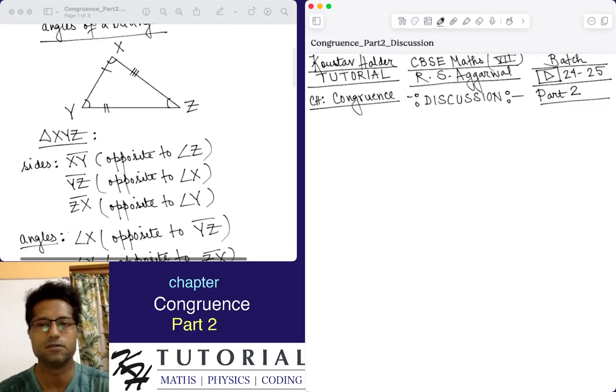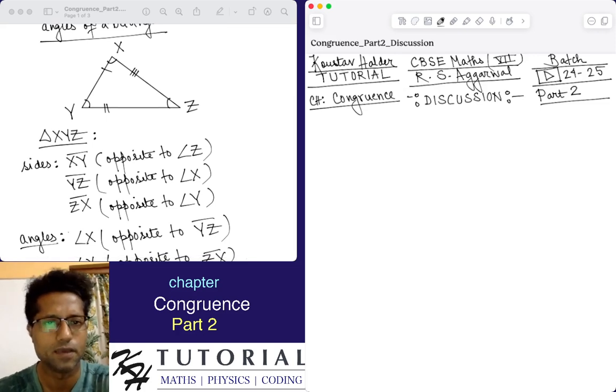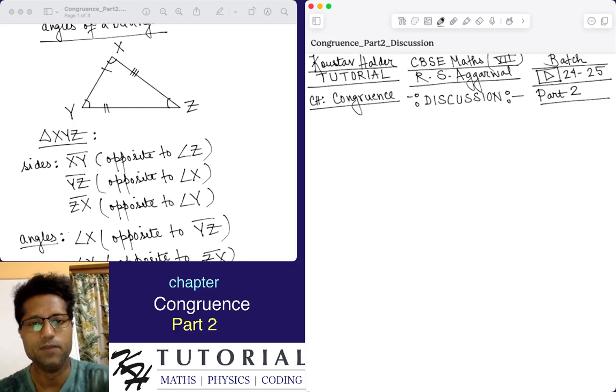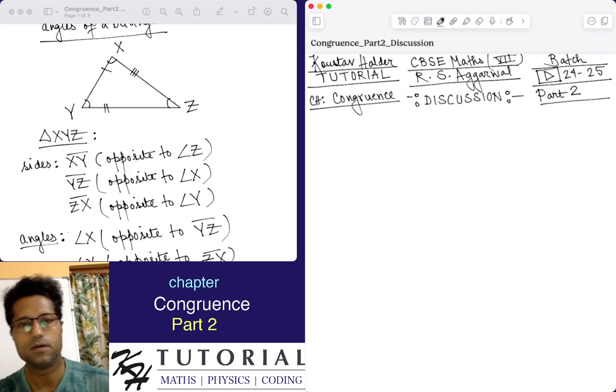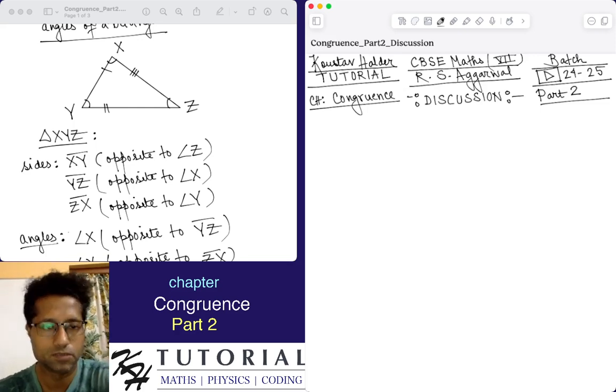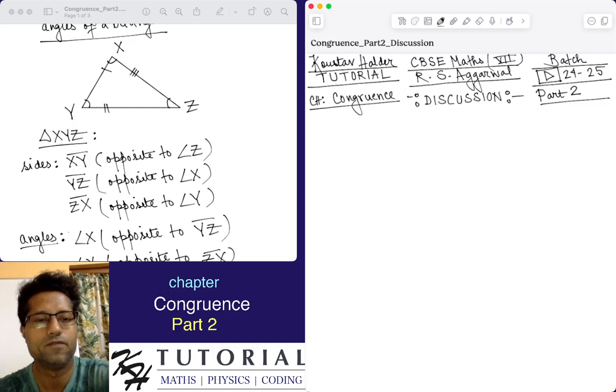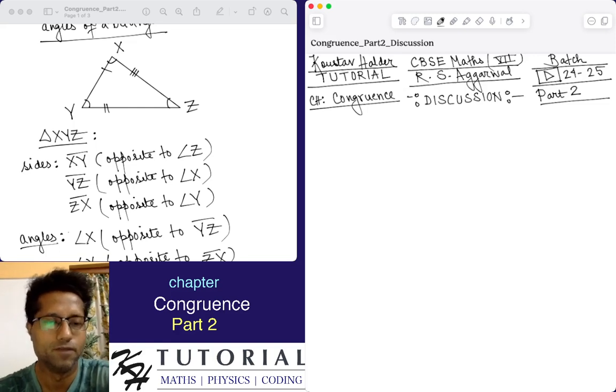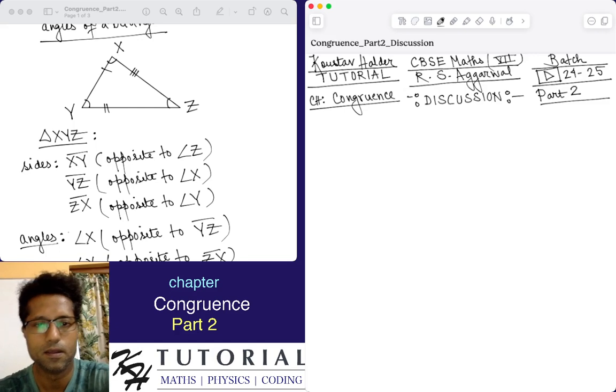How do we know the sides? We take 2 letters at a time from the letters of the triangle that we named. We named it XYZ, so the first 2 letters are XY. So the first side will be XY, and of course we put a bar to specify that it is a segment.